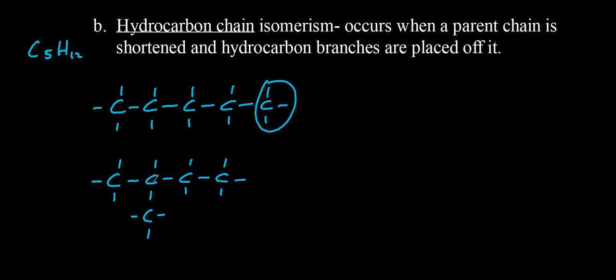Let's shorten the chain further and make it a propane, a 3-carbon parent chain. Now this time we have 2 methyl groups, so where must the methyl groups go in order to have propane? Well, there's only one option here. We can't put them on the end carbons. That's going to extend the chain. And to keep propane, we need to put both methyl groups on carbon number 2.